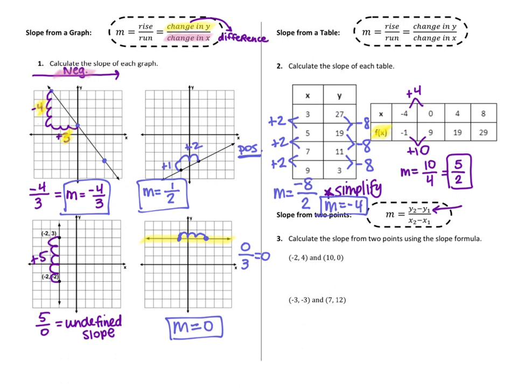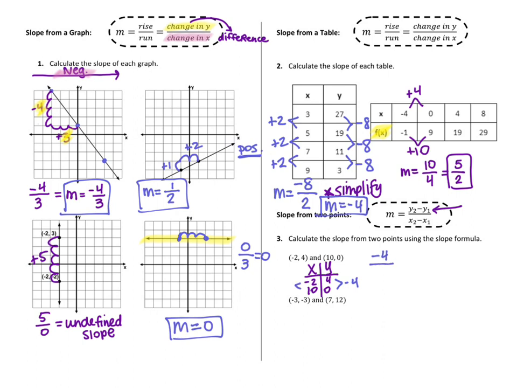Here's the cool thing though, you could just create a tiny table, right? You have 2 points. You could just say, all right, x, y. Let me plug in my points, negative 2, 4, and 10, 0. And you can now find, okay, to get from 4 to 0, that's minus 4. So that is my rise.